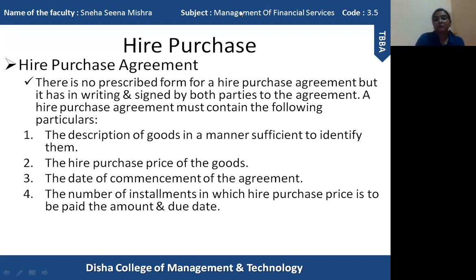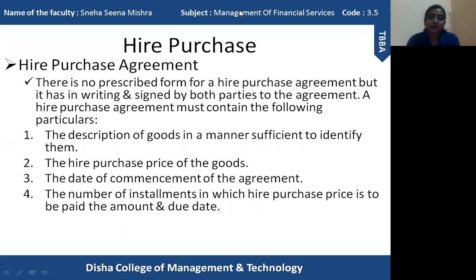Whatever goods are given on hire have to be described clearly so that they can be identified. For example, suppose a person wants to take a truck on a hire purchase basis, but the description mentioned does not match the actual truck.